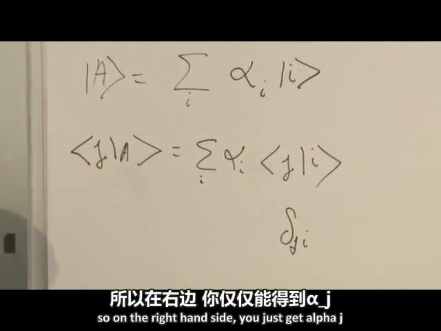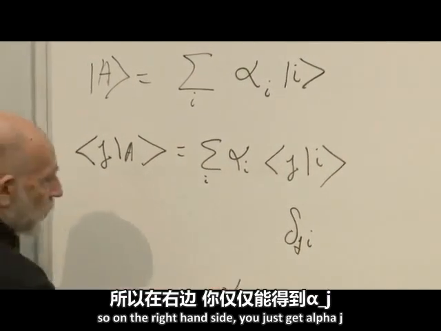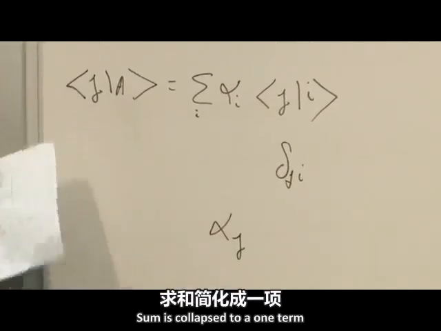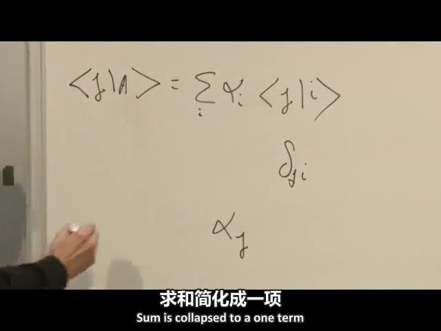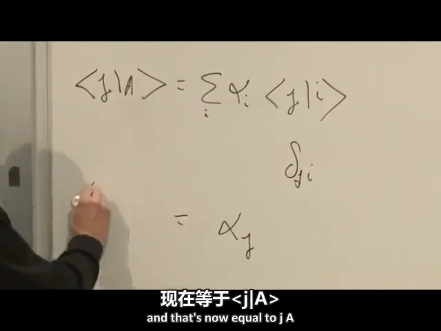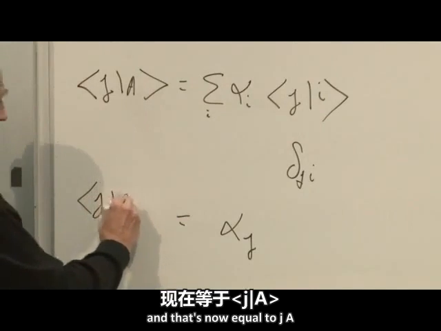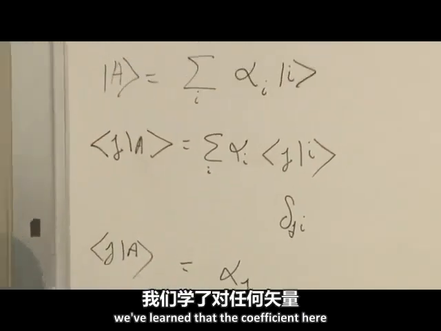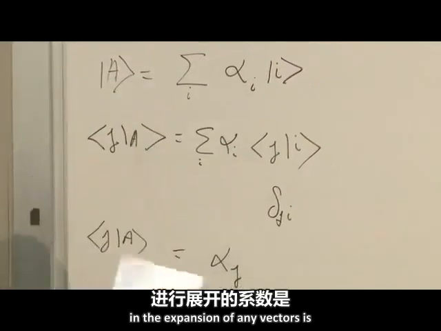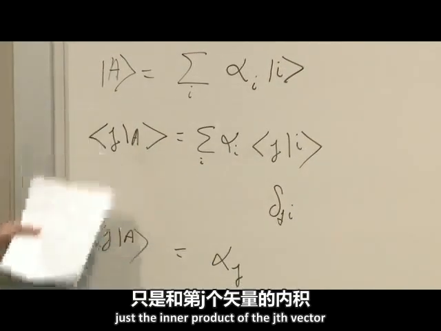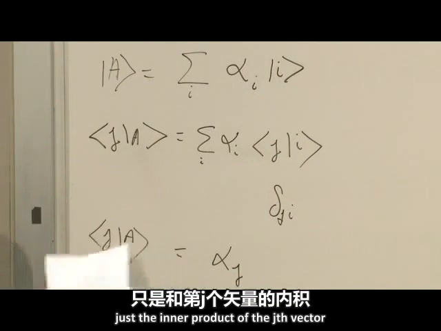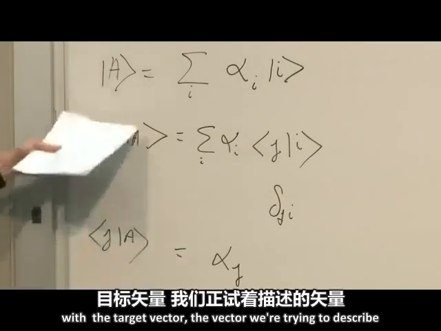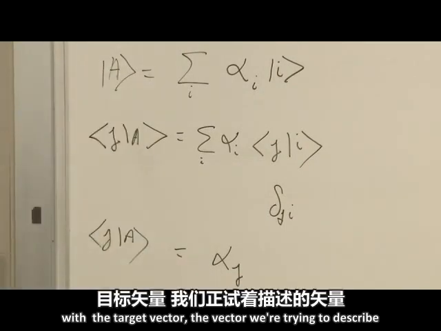So on the right-hand side, you just get alpha j. No sum. The sum is collapsed to one term, and that's now equal to the inner product of j with A. All right, so what have we learned? We've learned that the coefficient in the expansion of any vector is just the inner product of the jth vector with the target vector, with the vector we're trying to describe.